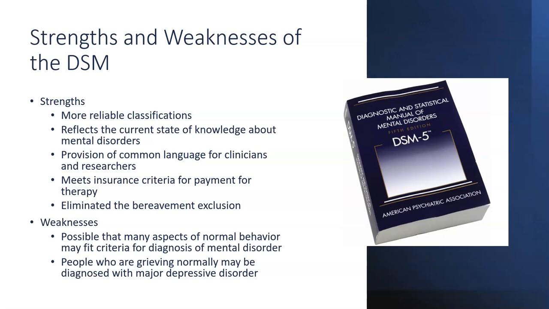There's also, going along with this, if you look at the big picture of the DSM over the course of its history, there are many patterns of human behavior that used to be described as mental illnesses that are no longer seen as mental illnesses.